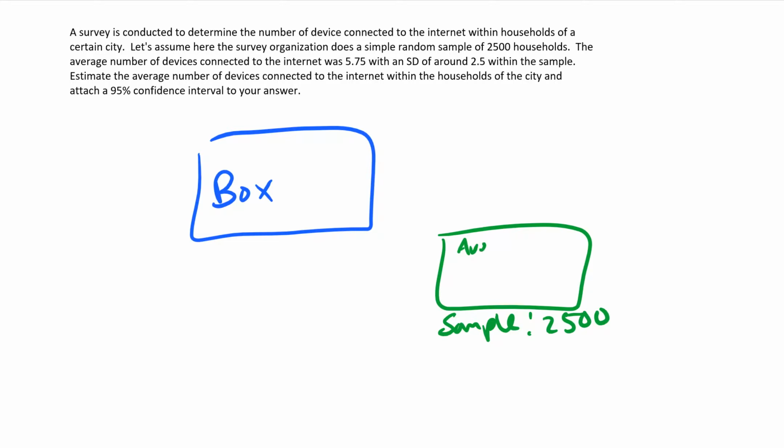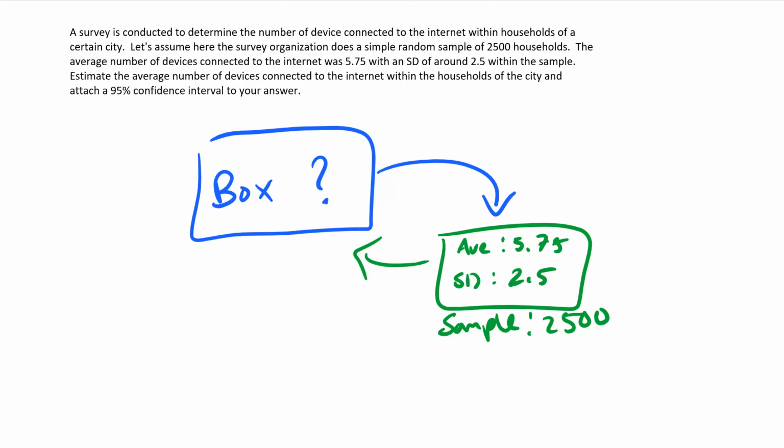We know the average within the sample is 5.75, and the standard deviation is about 2.5. What we don't know is the contents of the box. So this is an example of reasoning backwards. We've seen one example like that in the other videos.